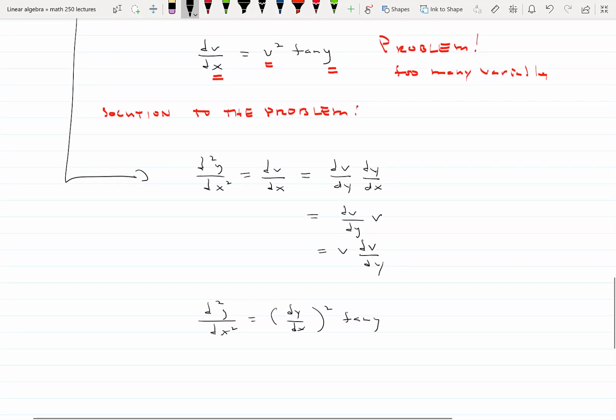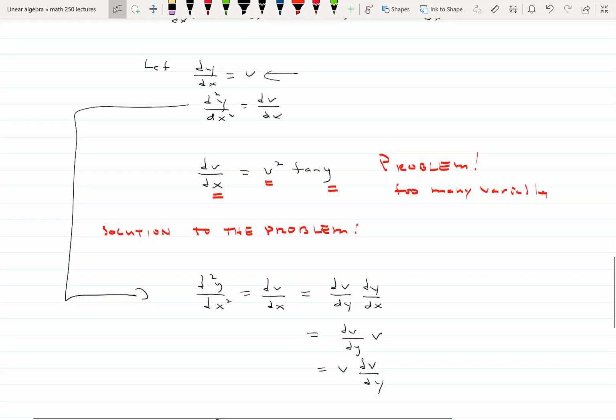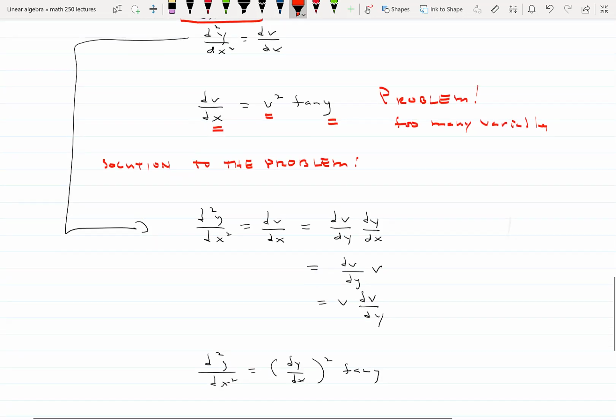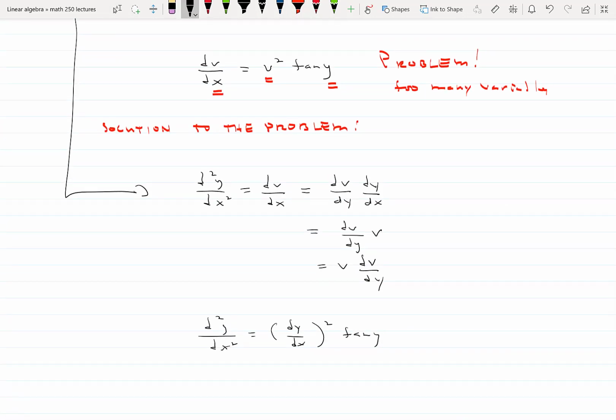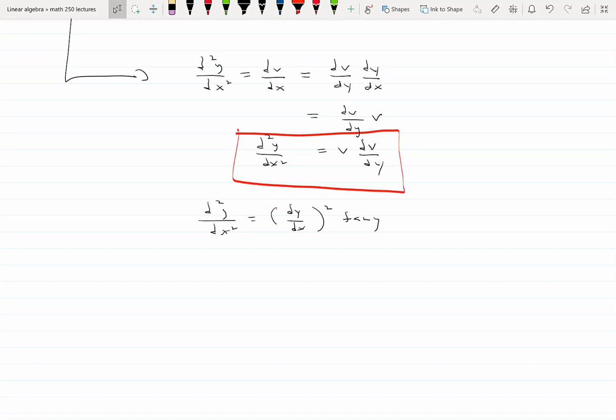So if I make the same substitution, dy dx equals v, this is absolutely the same substitution, but I'm going to manipulate d squared y over dx squared so that it now equals v dv dy. So I get v dv dy equals v squared tangent y. Nice. I have only two variables to deal with.